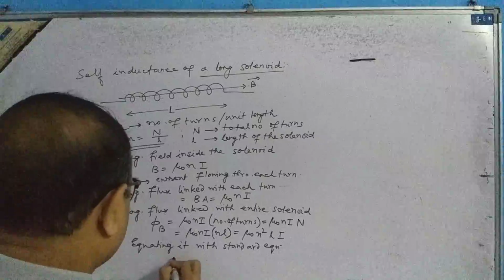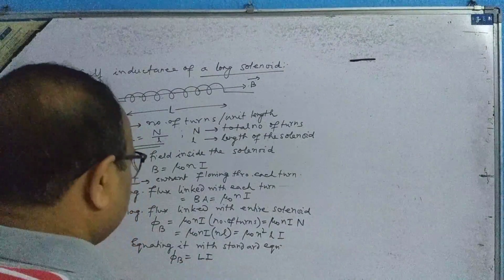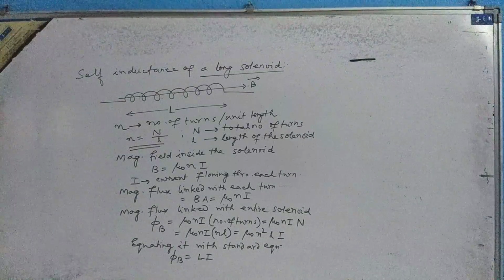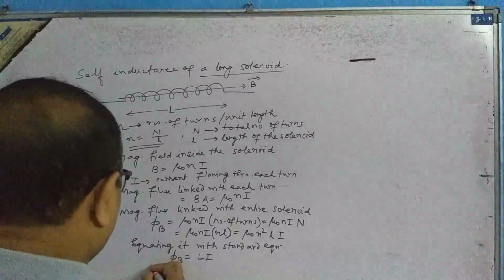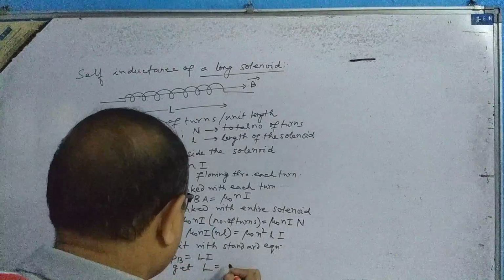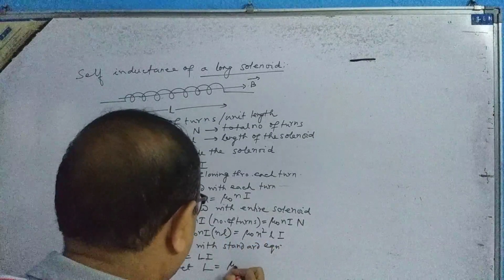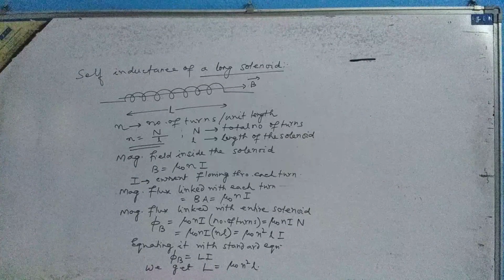If you remember, that was phi B is equal to L into I. You can refer to your previous notes, you will be getting it. So, equating it with the standard equation, we get L is equal to mu naught n square into L. Look at this.